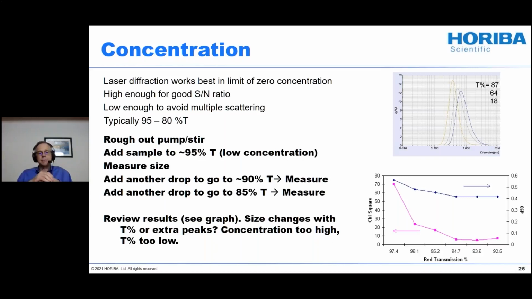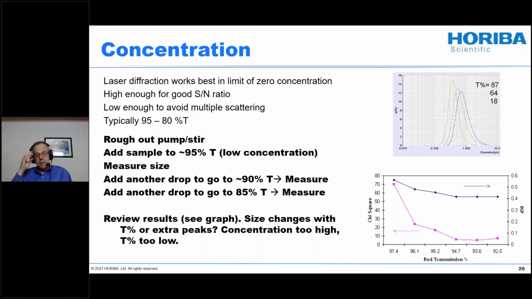Hit measure on it. I'm going to add another drop to bring the T% down or concentration up. Hit measure again, and repeat that several times, going down to 85% or 60%. And I'm going to plot my measured size with T% and see what changes. Is the size stable? Is there a flat range? That's where we want to operate.